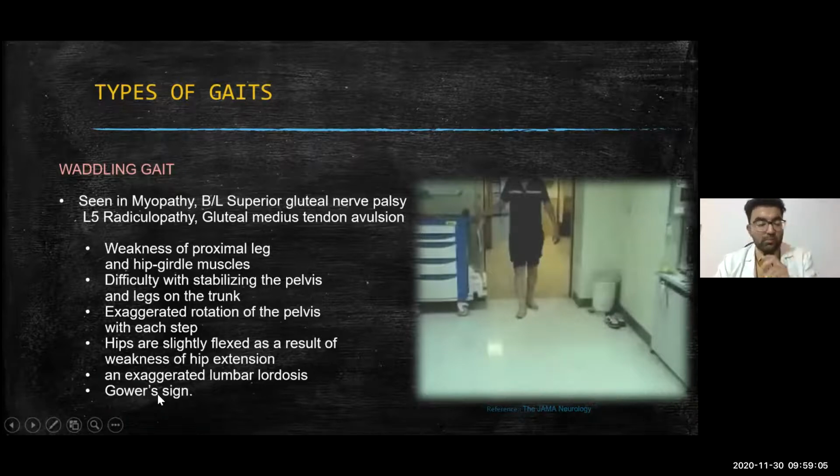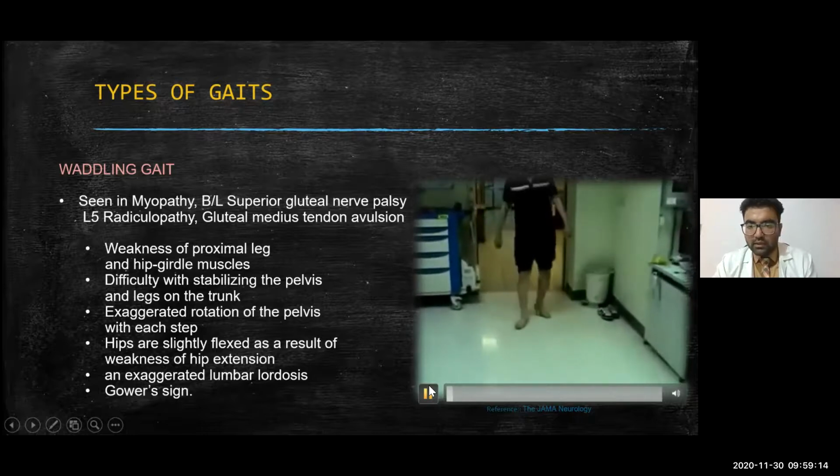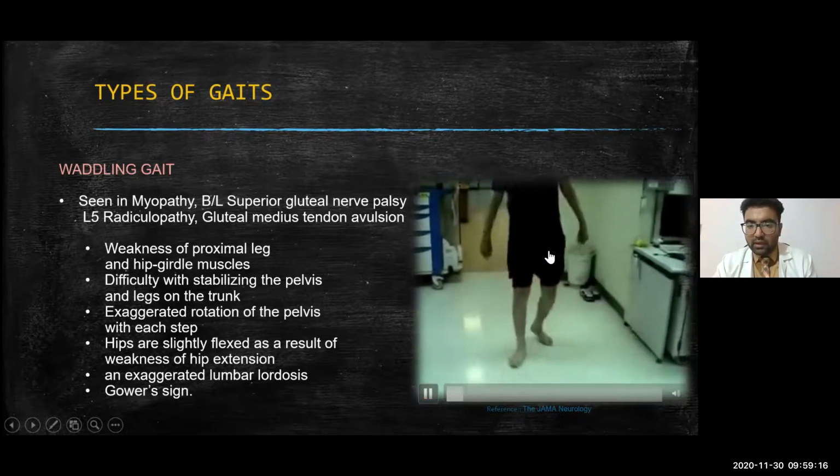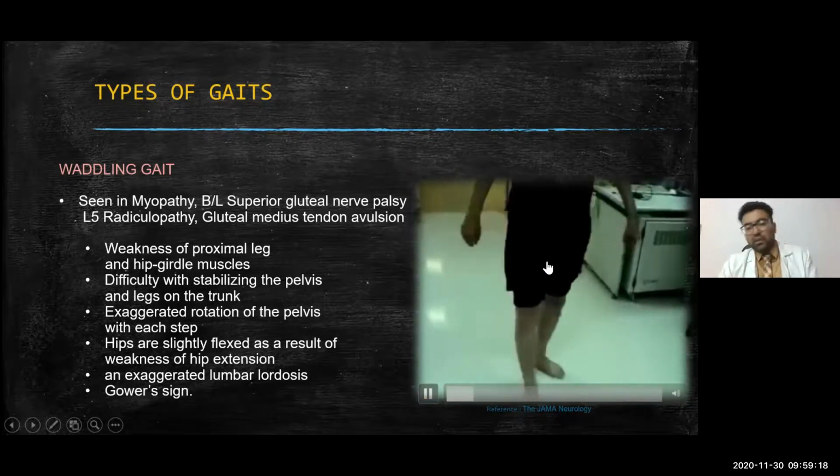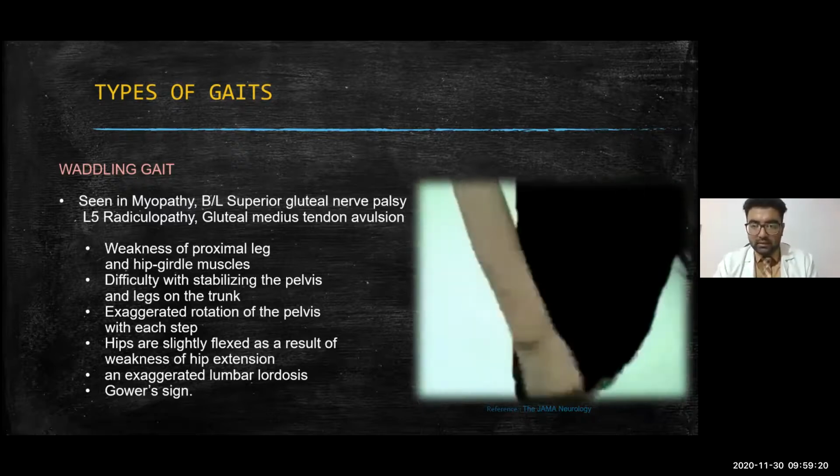The patient also shows a positive Gower's sign, which we usually find in children. Okay, so this is our waddling gait. You can see that the patient is moving side to side while walking.